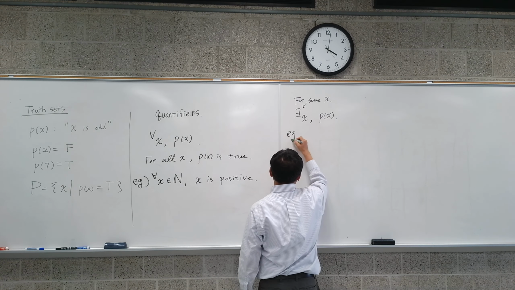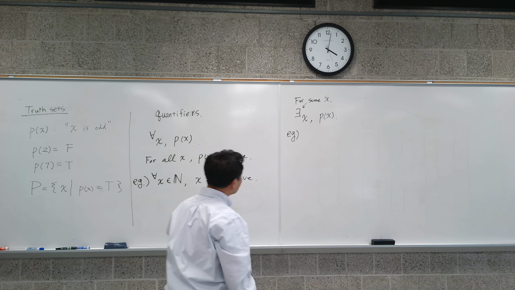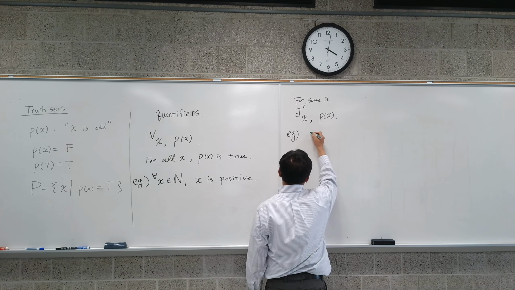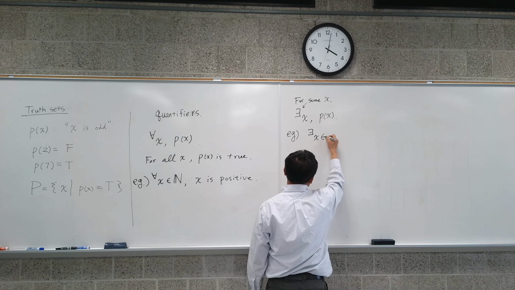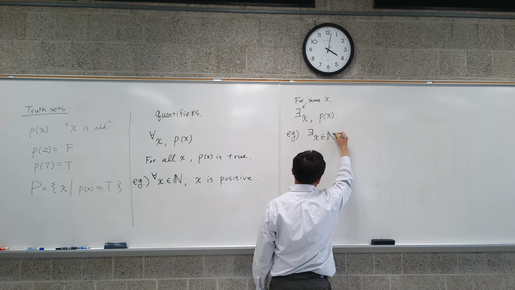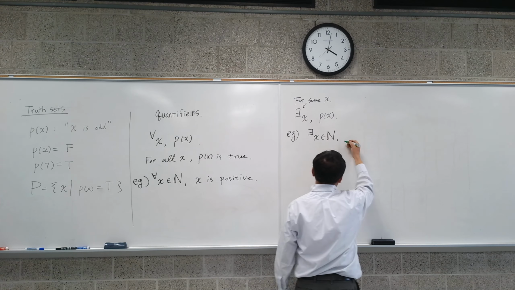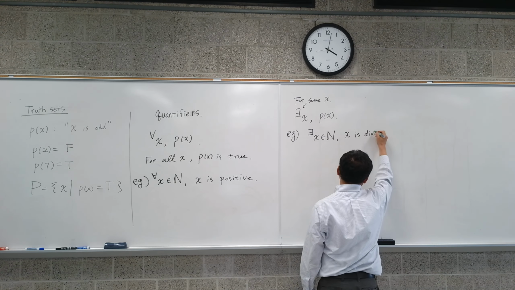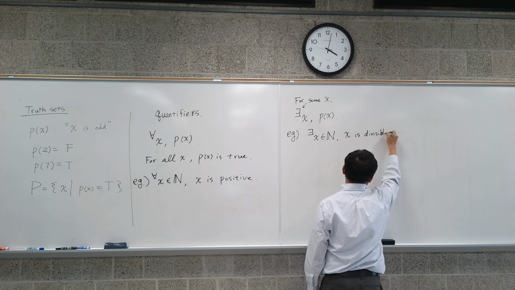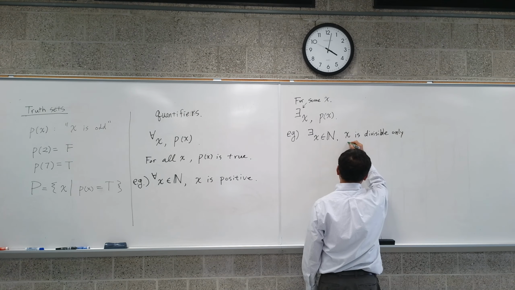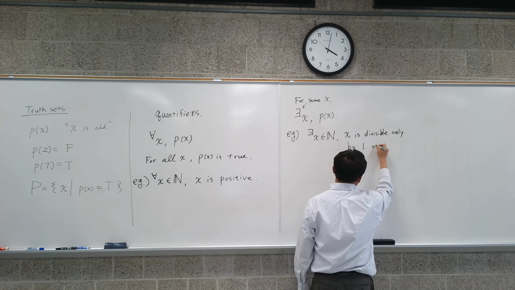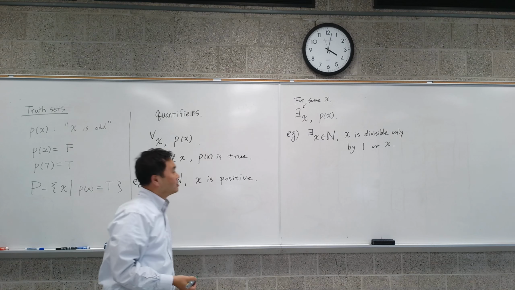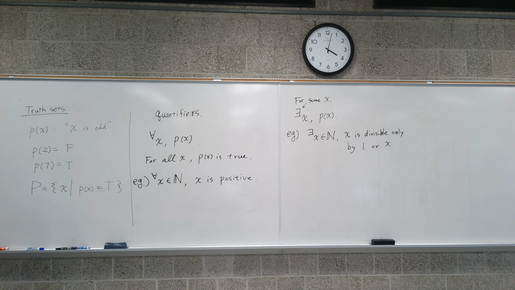So an example of such is: there's some integer x that is divisible only by 1 or x. What's an example of such a number?